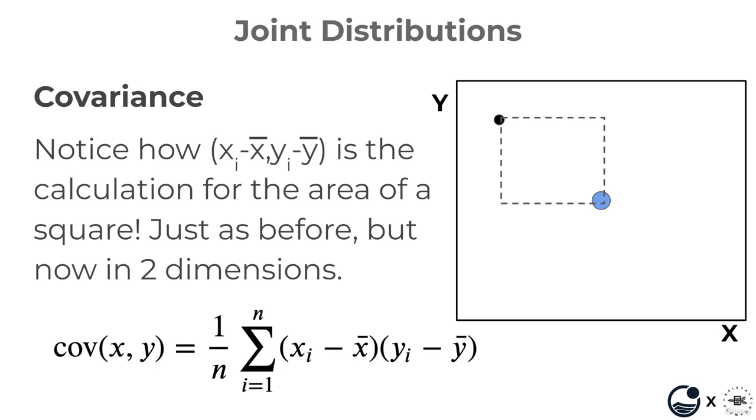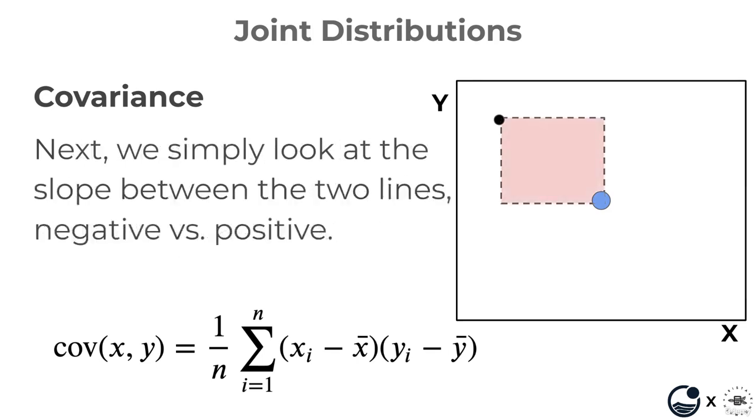It's just going to be x of i minus x mean multiplied by y of i minus y mean. And again, that's just one side times the other. So that's again just calculating a rectangular area. This time it's in 2 dimensions, so it's not going to be a perfect square, because last time it was x of i minus x average squared. And in this case, we're just doing it for 2 dimensions, but the same sort of visualization and intuition applies.